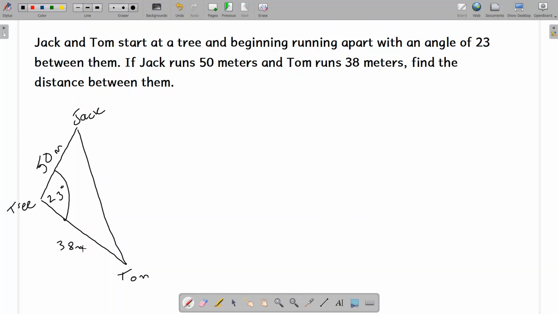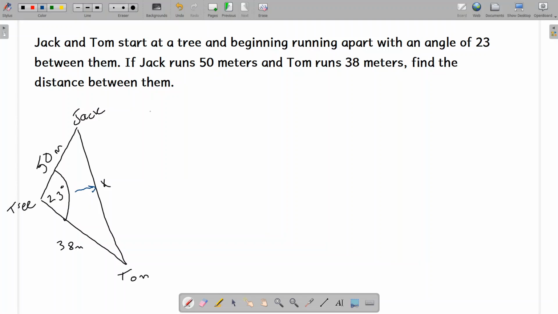Now, the distance between them is going to be this side here. That would be a straight line between the 2 points they ended at. So again, this is law of cosines. We have side, angle, side. We're looking for the side opposite of the only angle we know.